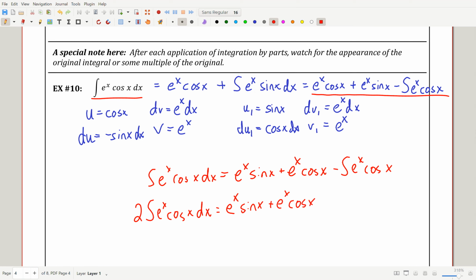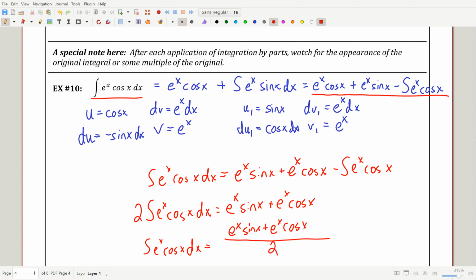And I haven't actually done an integral. I guess that's kind of a lie because I did integrate every time I went from dv to v. But there was never a part where in my line I had an integral that I solved. I just ended up algebraically figuring out that the integral of e to the x cosine x dx is e to the x sine x plus e to the x cosine x, over 2.